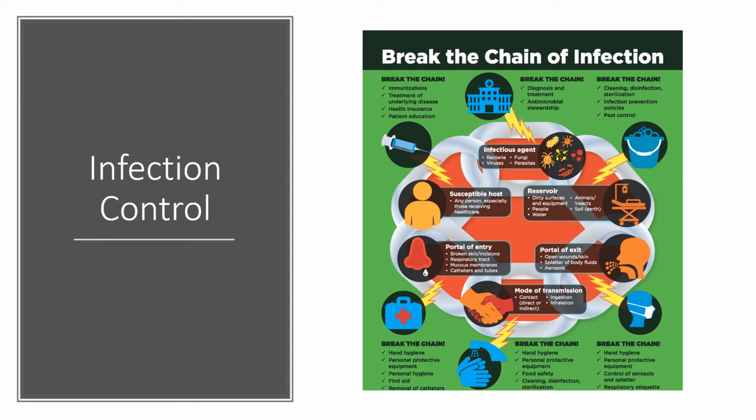We want to know what the neutrophil count is, because when the neutrophil count drops to a certain level, we call that neutropenia. So we typically like to see the neutrophil count above 1500.